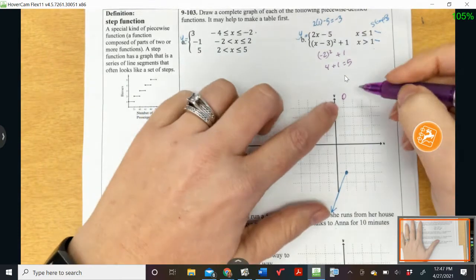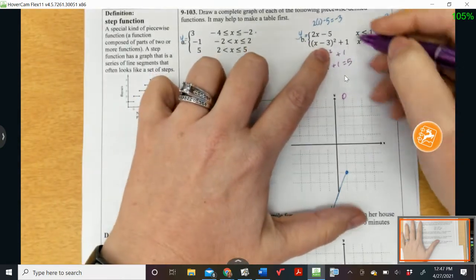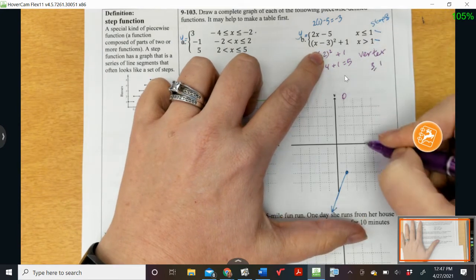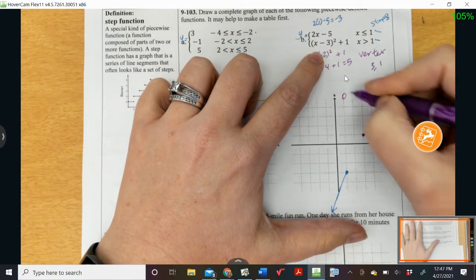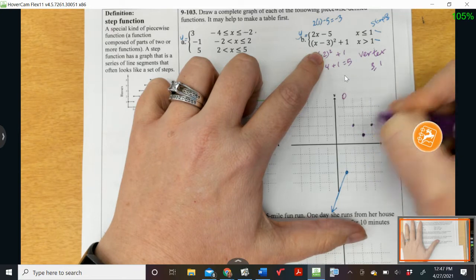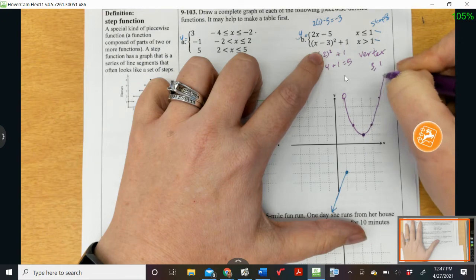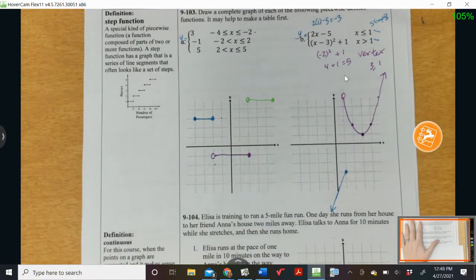Okay. Then it's a parabola with a vertex of 3, 1. And so it looks like this. And there's my graph.